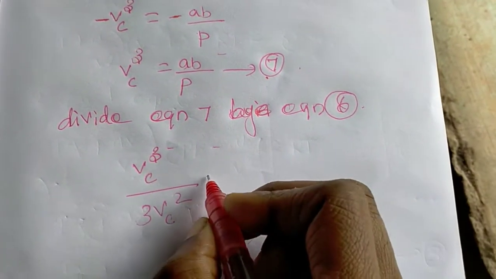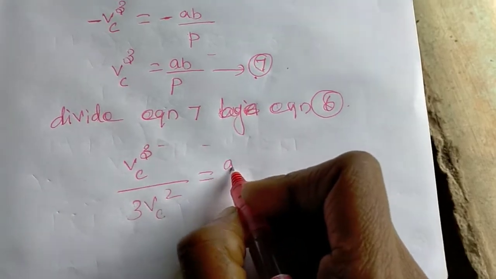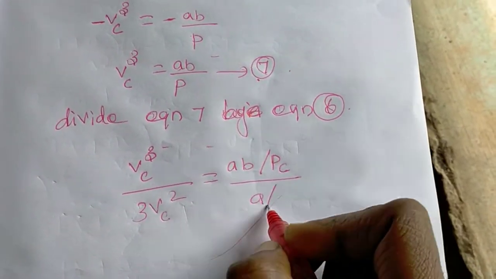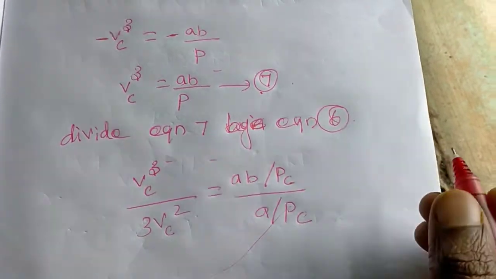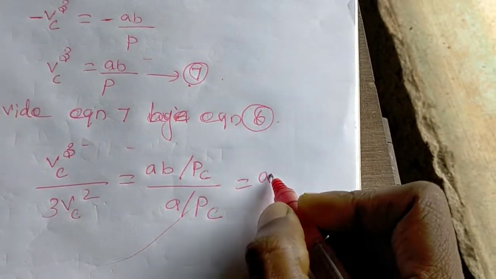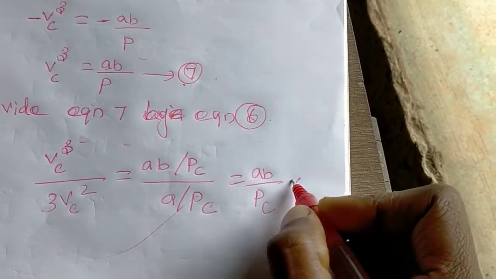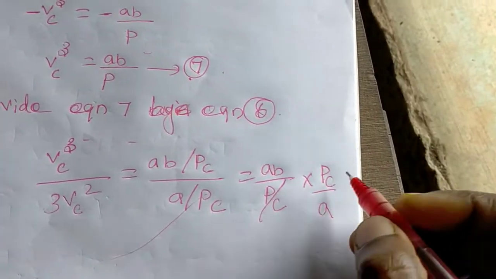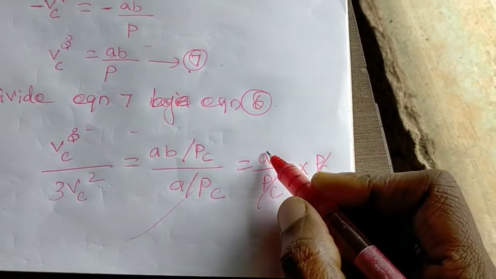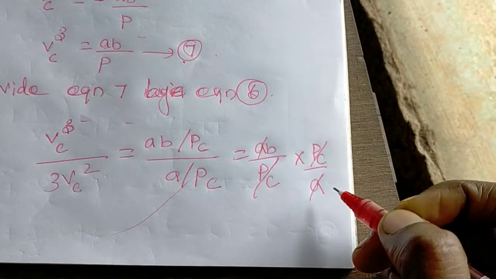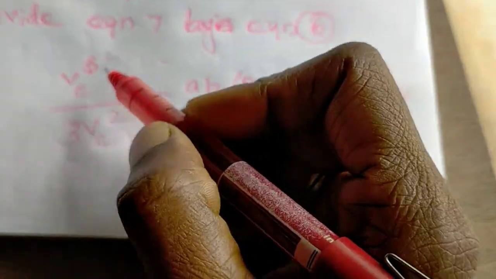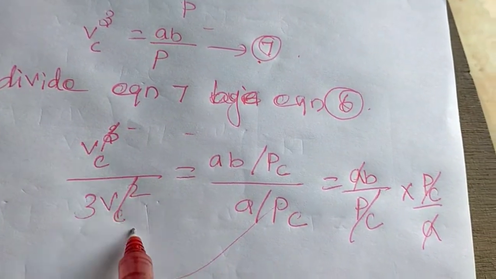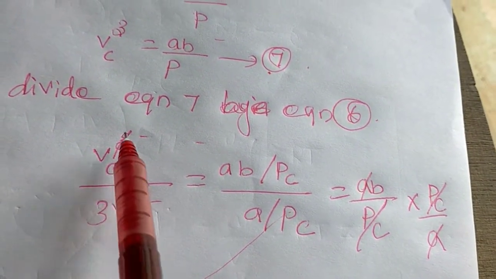Then 3VC square is equal to AB divided by BC, then A by PC. Then you can write it like this: AB by PC into PC divided by A. You can cancel that, and A. From this side, VC cube, we can cancel VC square with VC cube.